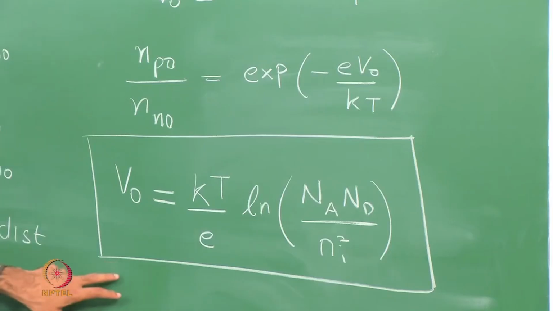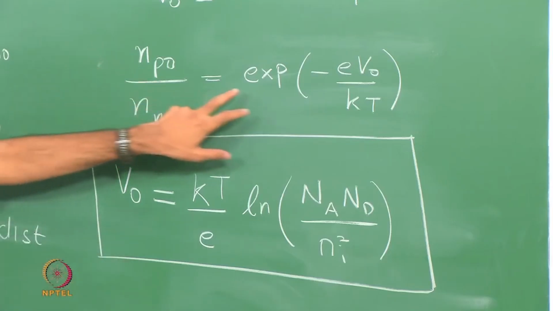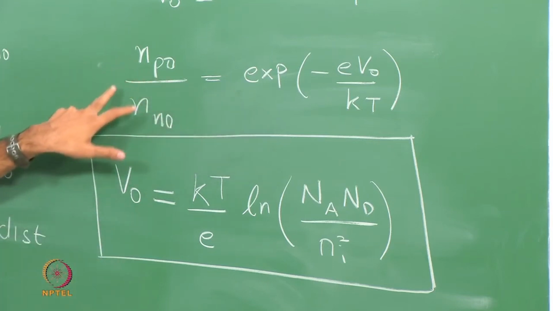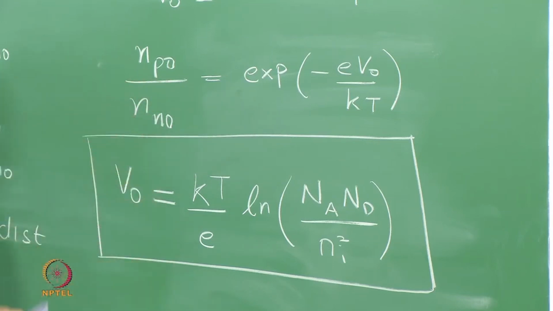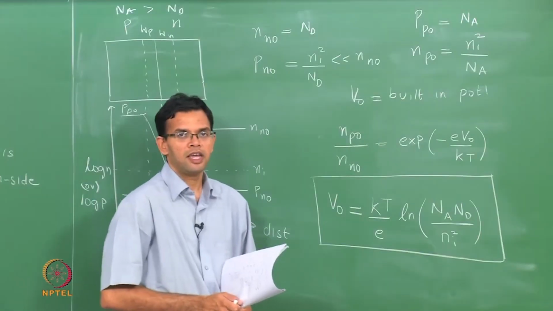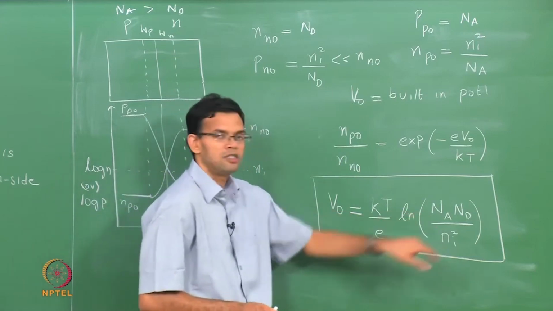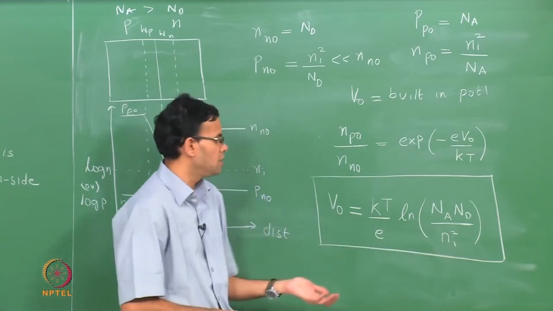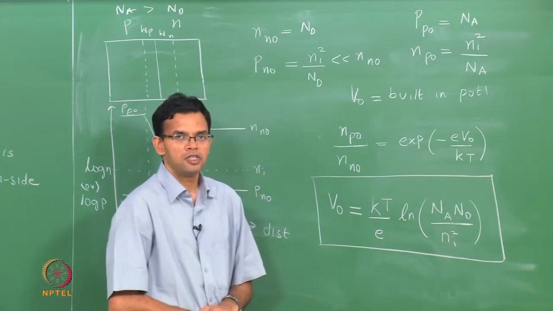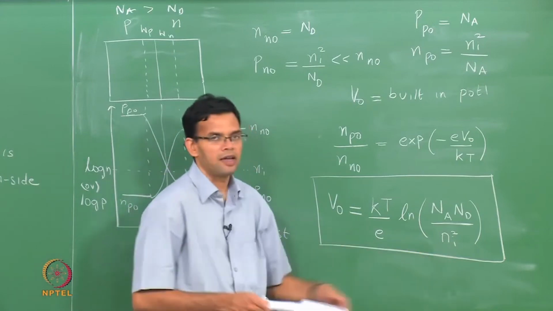We get this expression by taking natural log on both sides and then substituting for these values and rearranging. So, the contact potential in the case of a p-n junction depends upon the concentration of the acceptors and the concentration of the donors and also the intrinsic carrier concentration.